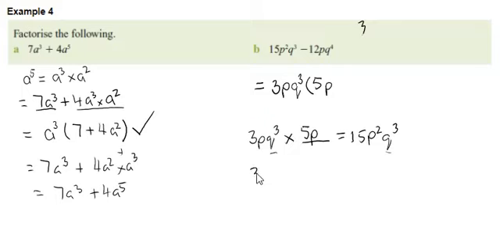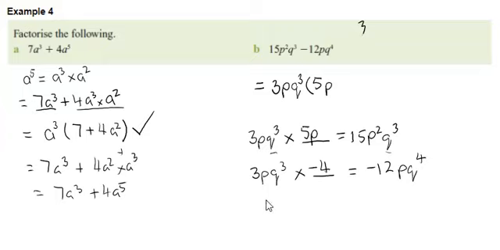Now let's look at our second term. We've got a minus 12p cubed to the 4. Okay, let's deal with our number first. We've got 3 times something gives us minus 12. 3 4s are 12, so it's going to be 3 times minus 4.